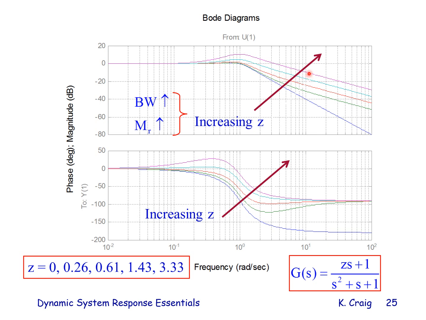So the point where it crosses -3 dB from the low frequency value is farther to the right, at higher frequency. And as I increase z, I also get higher peaking. So the resonant peak gets larger in the frequency response plots. And you can see it here also, the effect on phase.